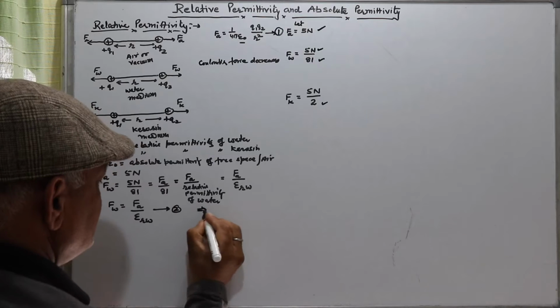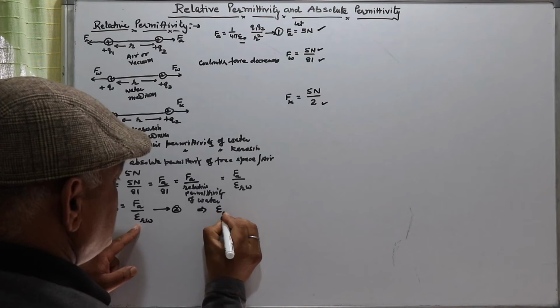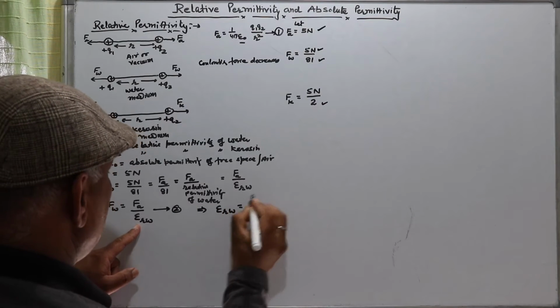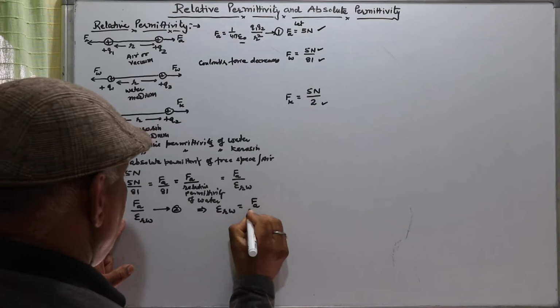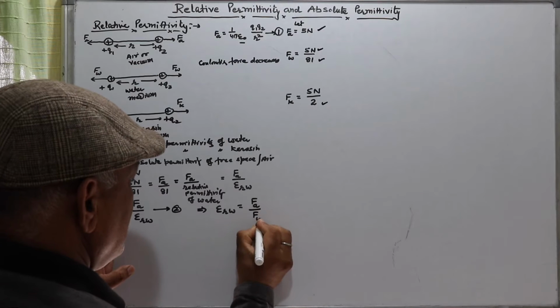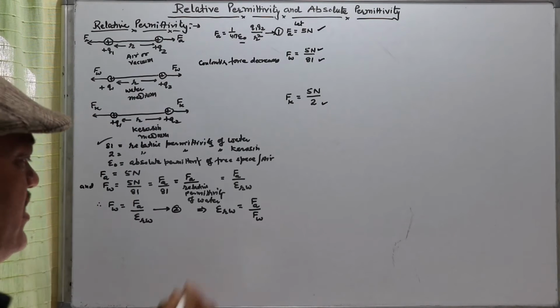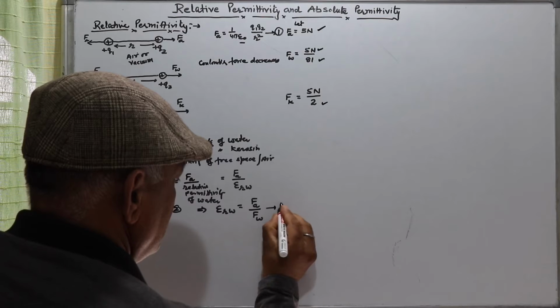that is epsilon RW is equal to Fa upon Fw, equation number 3.